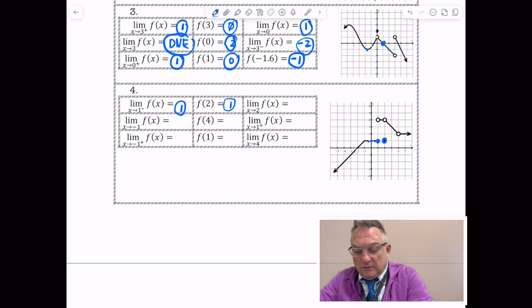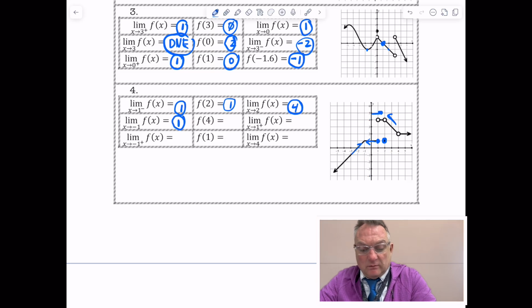From both sides, this side and this side, it approaches the 4. Okay. And then what's the limit as we go to -1? It approaches from both directions. It approaches the 1.